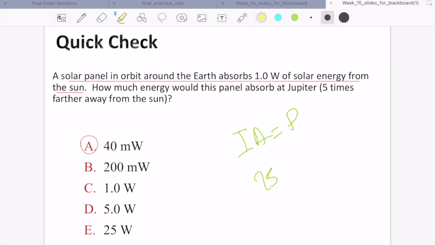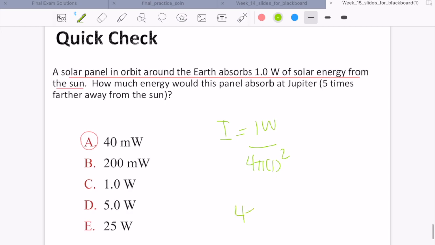Let's say, what if we did that? I is equal to P over A, where this is just 1 watt, and 4 pi r squared, let's say r is 1 squared. So 1 over 4 pi is my intensity. Then 4 pi times my intensity would equal 1 watt.